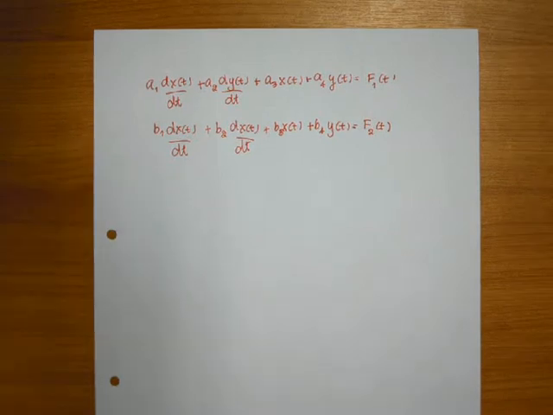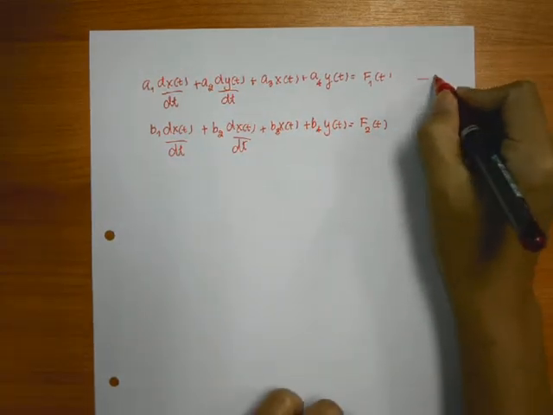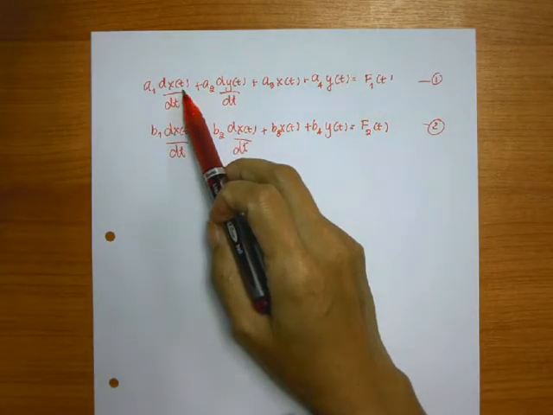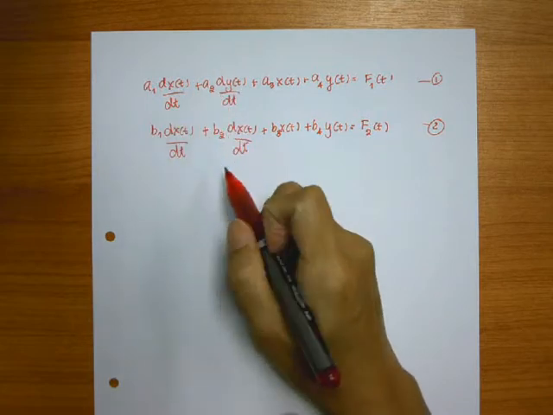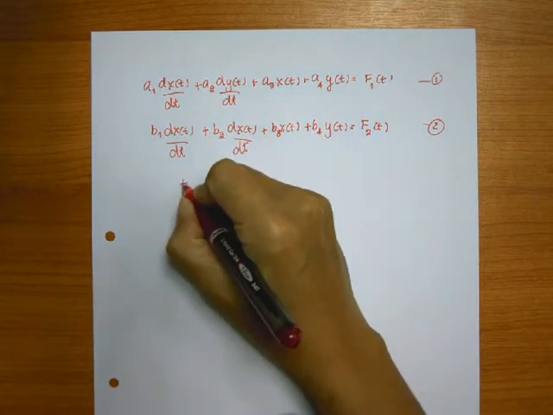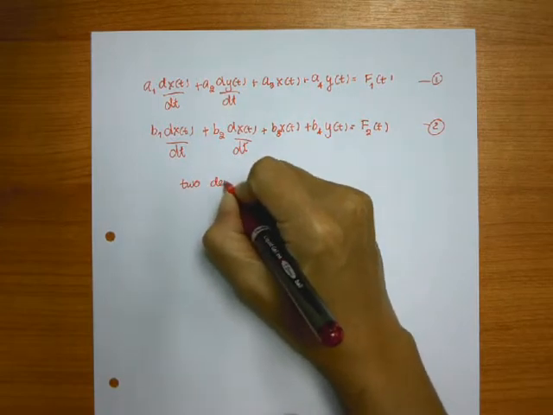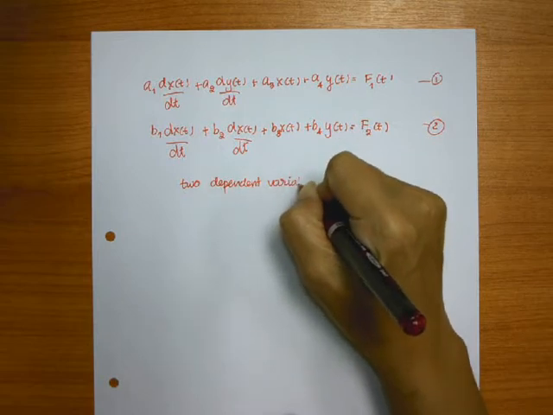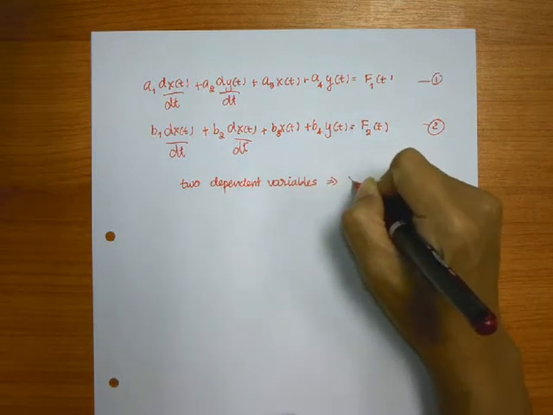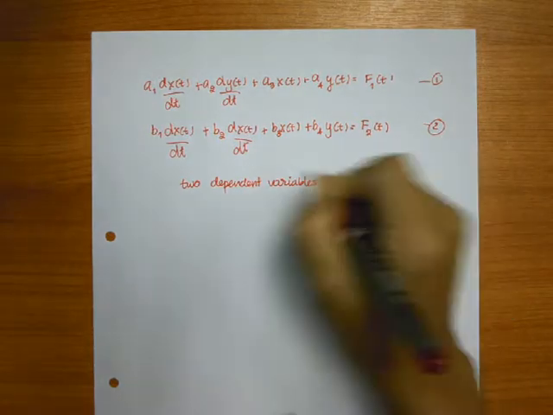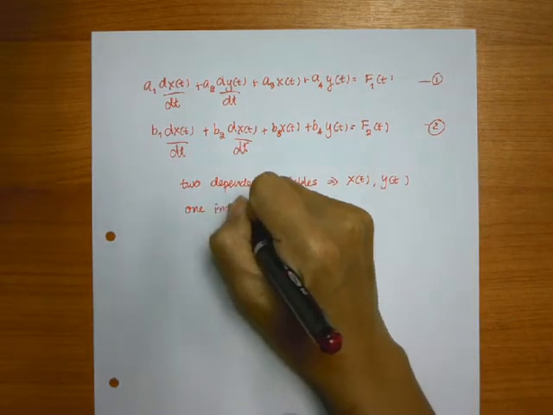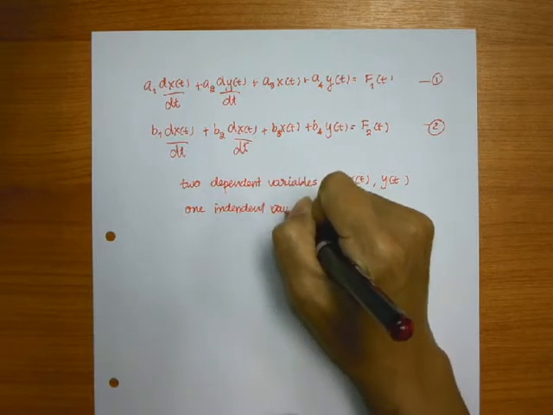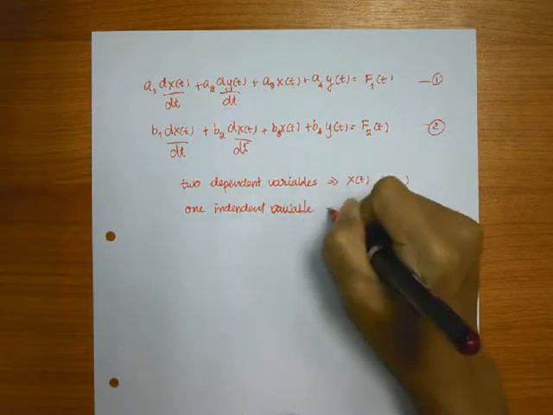We have the linear system like this. We have equation 1 and equation 2. If you look at this, we have two dependent variables, x and y, and one independent variable, t.